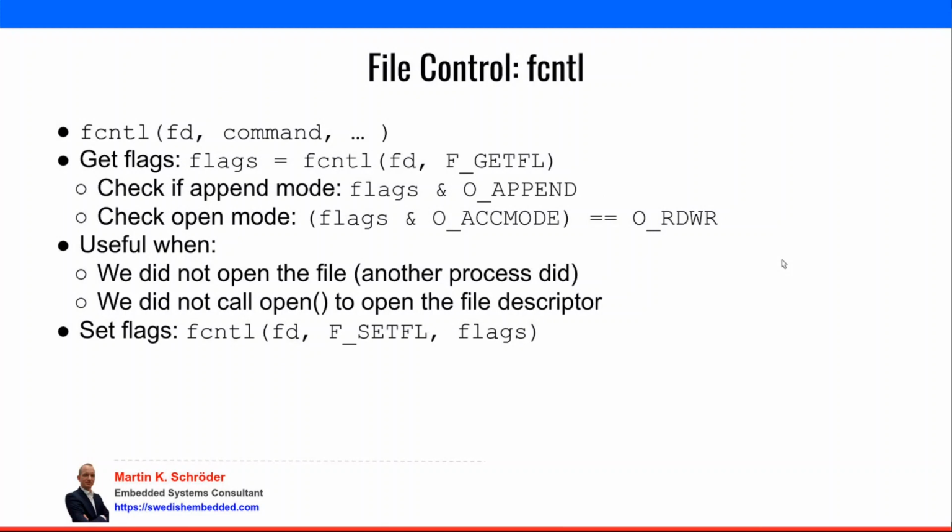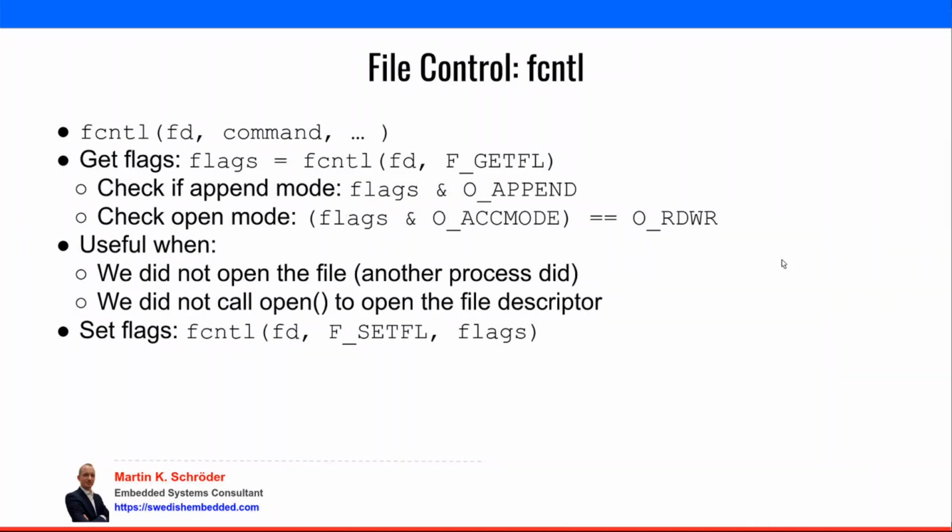The next way that we can control the behavior of file descriptors is using the file control function. Typically we would use this to get flags and set flags. There are multiple ways of opening a file descriptor. For example, if you have a socket, you would use the socket function to open the file descriptor that points to the socket.